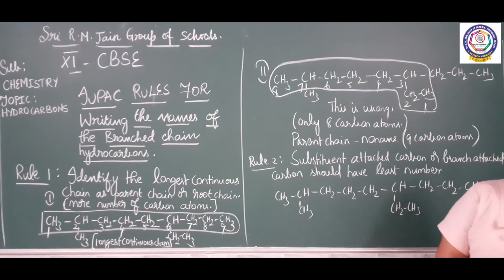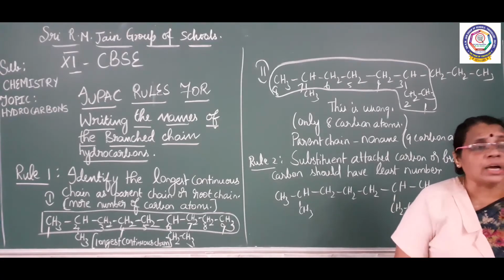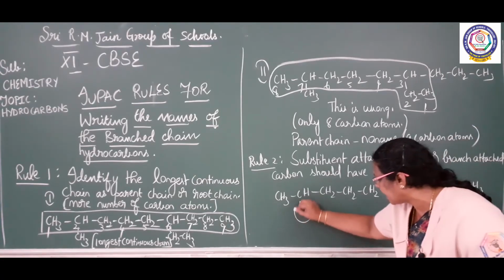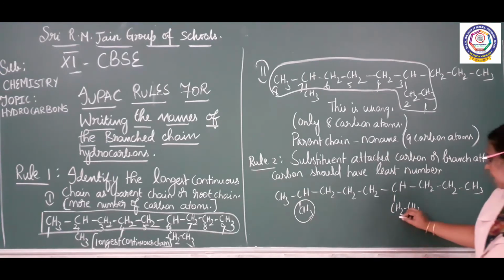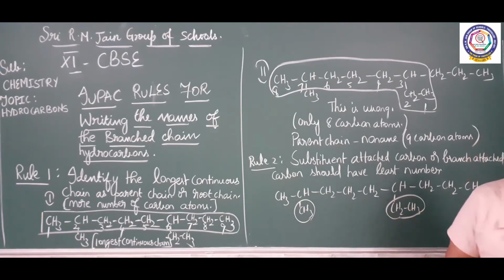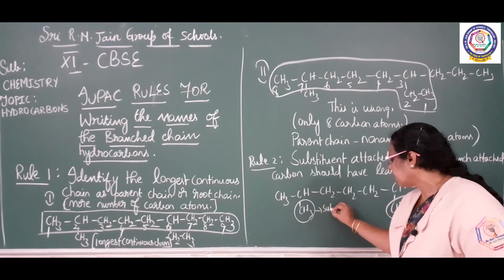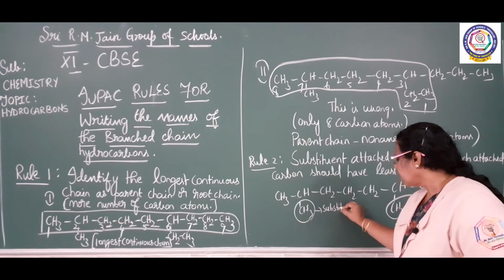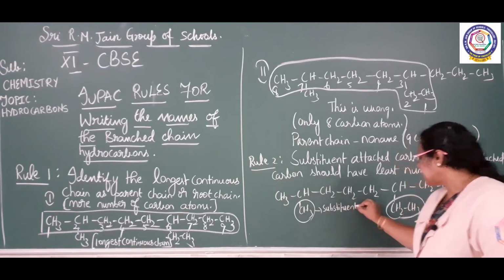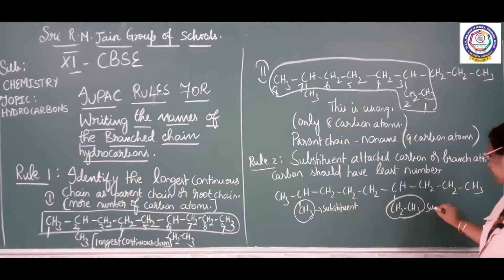So what is the second rule? Substituent attached carbon. What are the substituents attached here? One is a methyl, another one is an ethyl group. There are two different substituents. So this is one substituent, and this is another substituent.